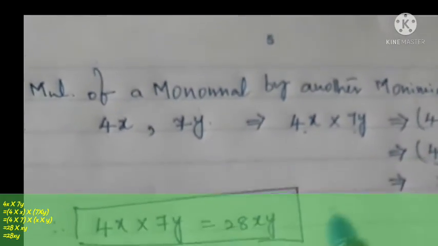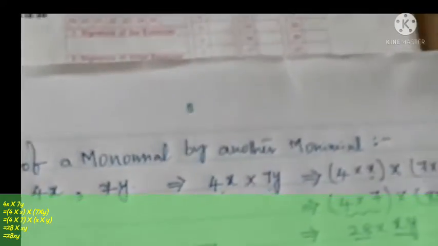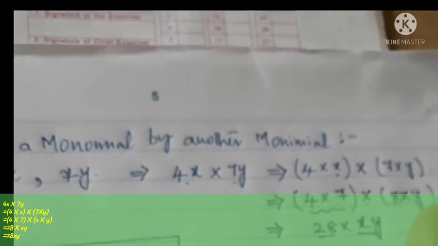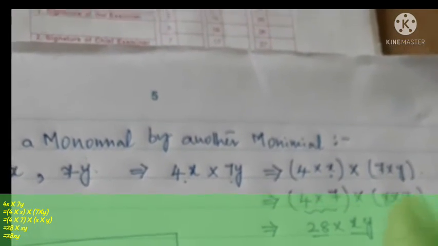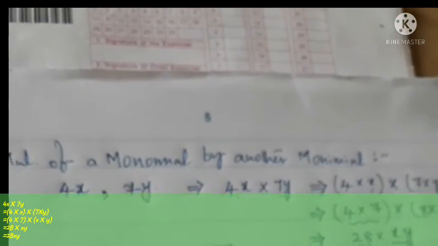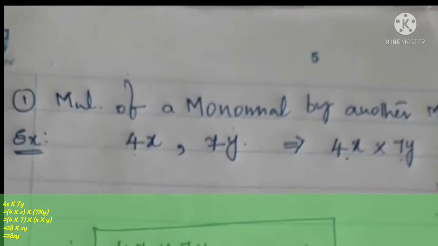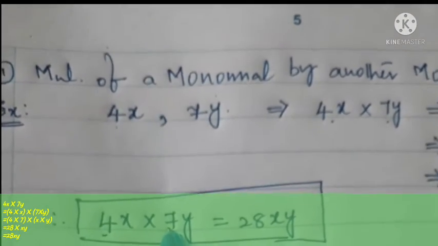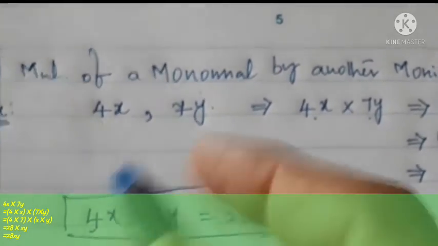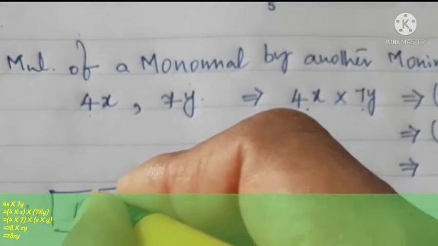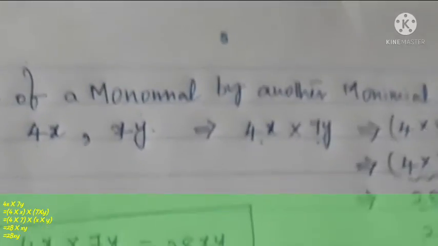Okay sir, is it necessary to do all these steps while solving the problem? No need. It is for your understanding that I am saying this. But how to do it in the proper way? See, here 4x and 7y are there. Here 4 and 7. You should simply multiply these 4 and 7 directly.